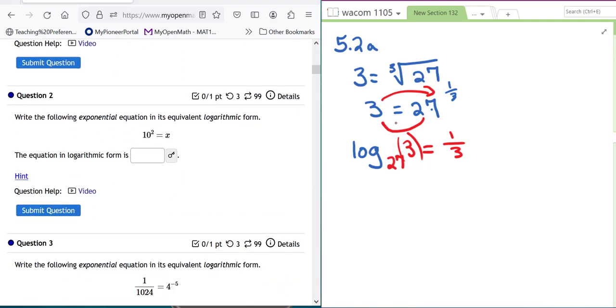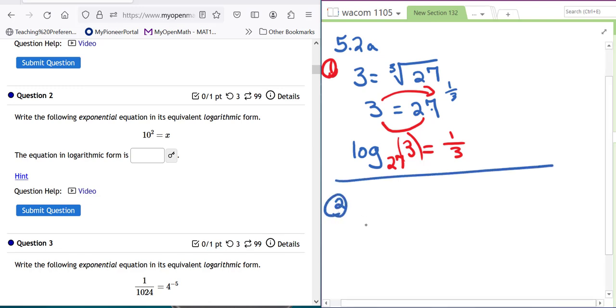All right. Write the following exponential in its equivalent logarithm. All right, you've got your base. So we have 10 to the x. They want us to go, 10 squared equals x.